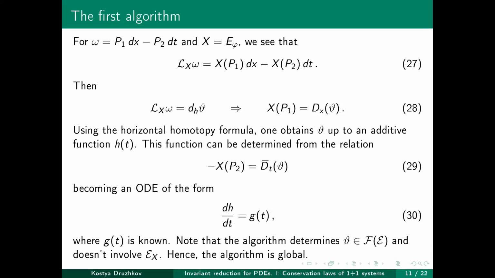Of course, we imply some regularity conditions, but they are way weaker than the assumption that epsilon x must be an embedded or immersed smooth submanifold or something like that. Even when epsilon x has some allowed singularities, we still have no problems with this algorithm, because it doesn't involve epsilon x at all.